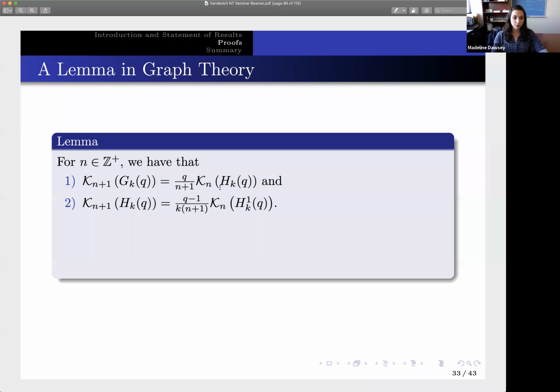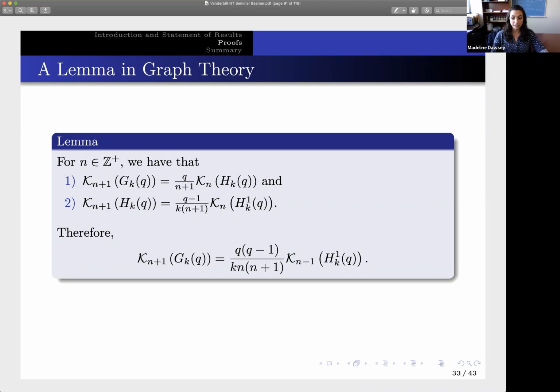And then we have a similar formula that says the number of complete subgraphs of order n plus 1 in HK of Q can be written in terms of the number of complete subgraphs of order n in that subgraph HK1 of Q. And so if you do both of these at the same time, you get this formula for the number of complete subgraphs of order n plus 1 in the Paley graph in terms of the number of complete subgraphs of order n minus 1 in that second induced subgraph.